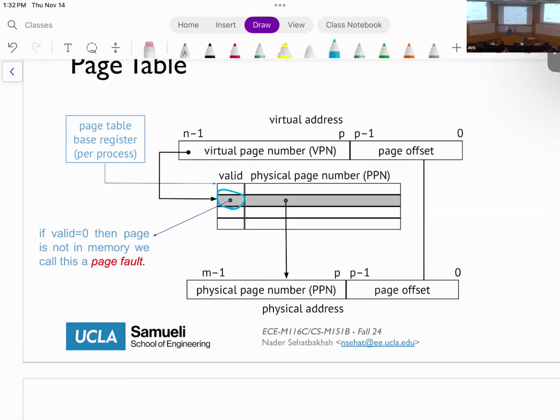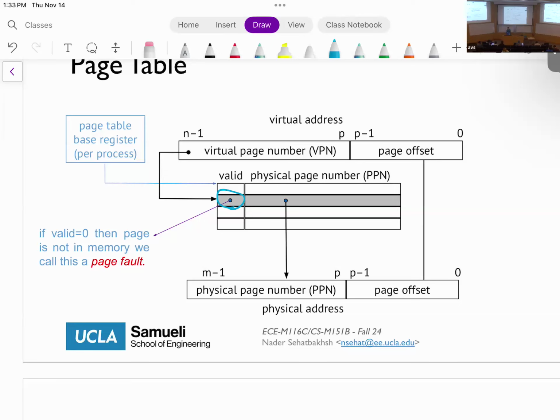So the first thing that we're going to check when we are doing the address translation is this valid bit. If this valid bit is equal to 1, then it means that this page exists in my DRAM. If this valid bit is equal to 0, it means that this page does not exist in my DRAM. This is a page fault. I need to go and grab it from my disk, okay?